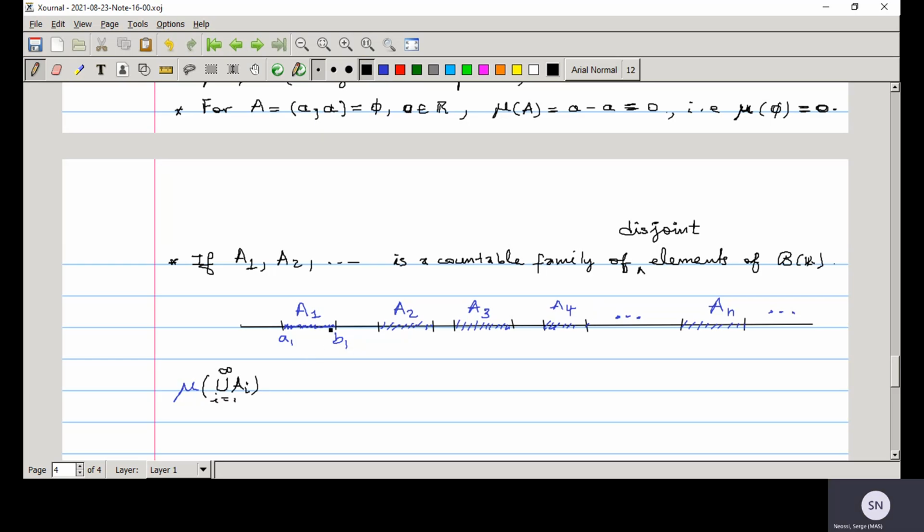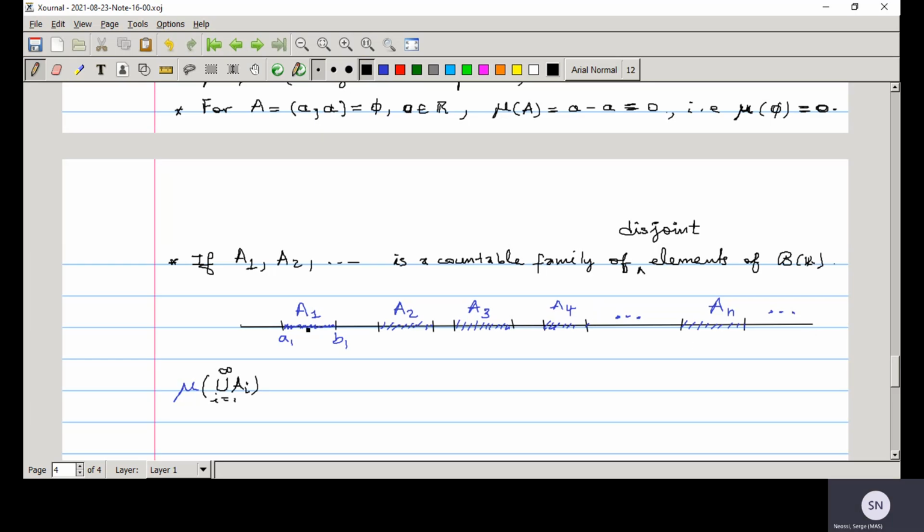Observe that I cannot write this union as a single component. I will not be able to do that. So you see that it will be the sum, because this is the union. The union is all this.